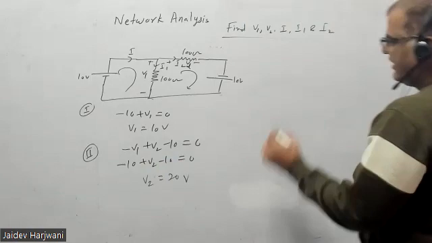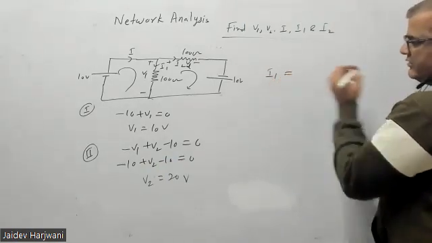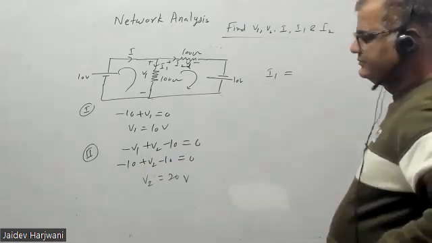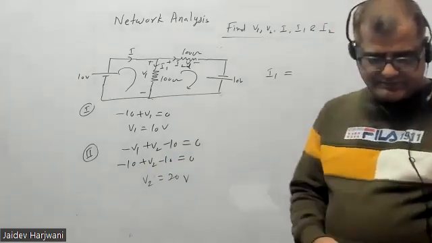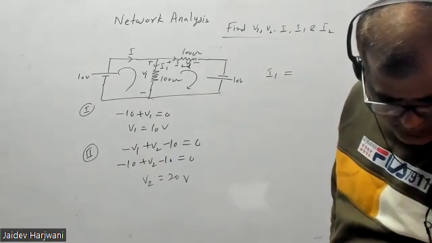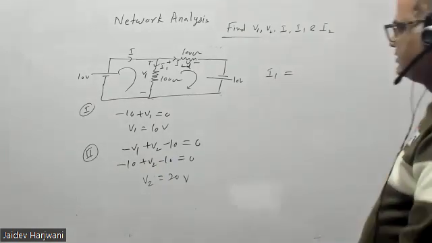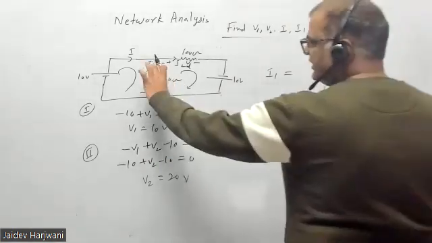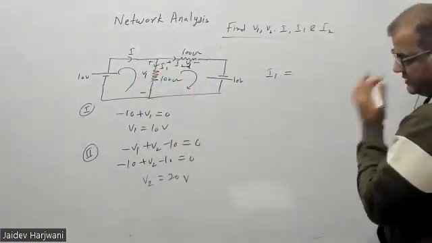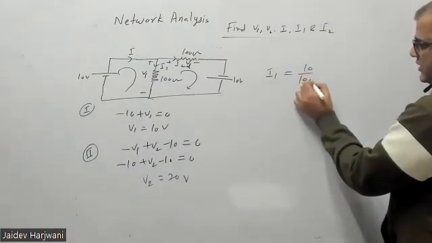Now tell me what is the value of I1? 1/10 ampere. I1 is the current here. You know the voltage V1, use the resistance. Voltage is 10 volt, resistance is 100.